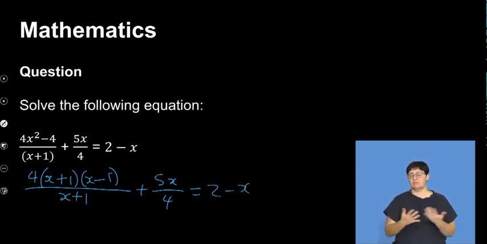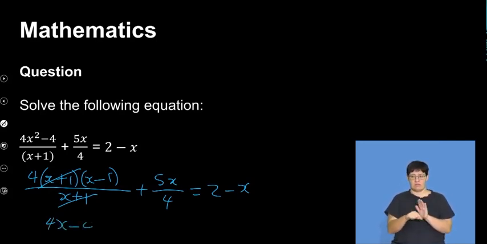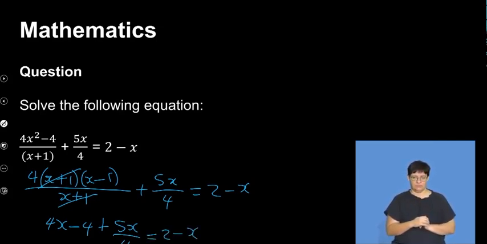And then I need to just simplify this. The x plus 1 and the x plus 1 will divide. It means I'm left with 4x minus 4. I just multiplied in the 4 plus the 5x over 4, and this is equals to 2 minus x. And then remember, you multiply everything by the LCD as we've been doing.